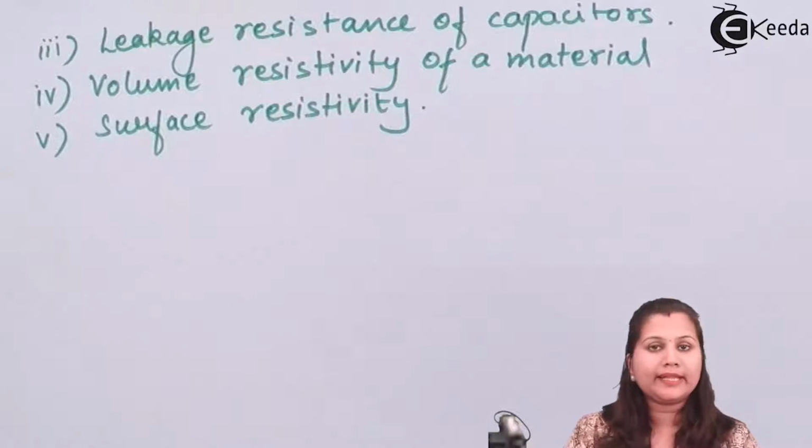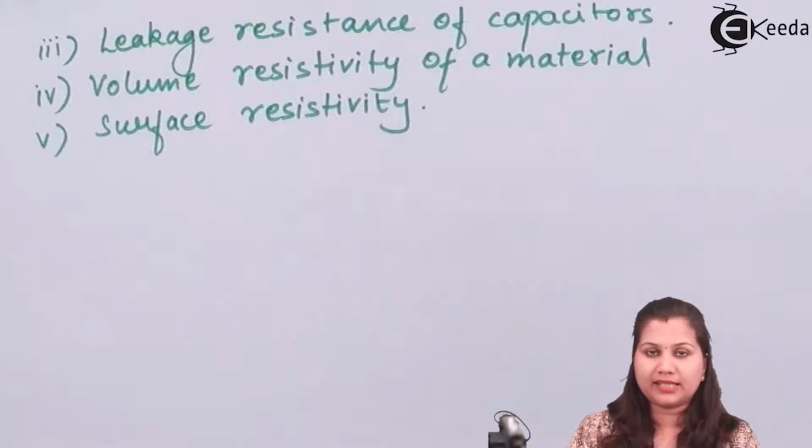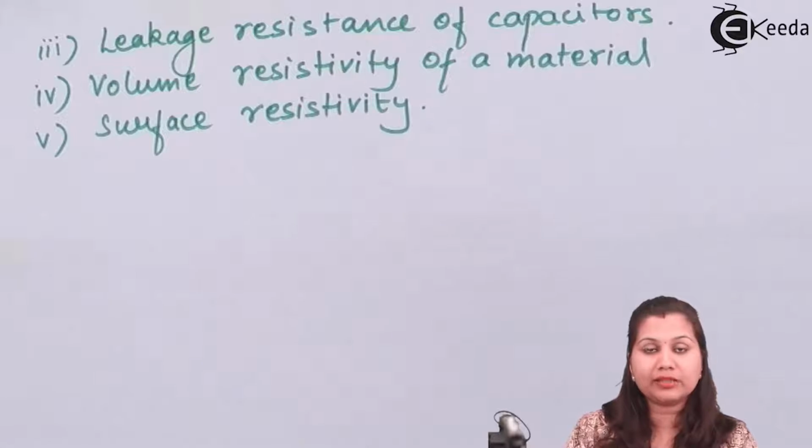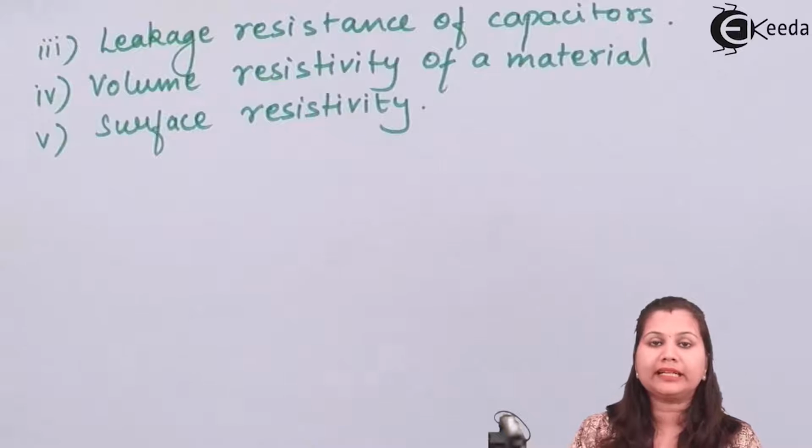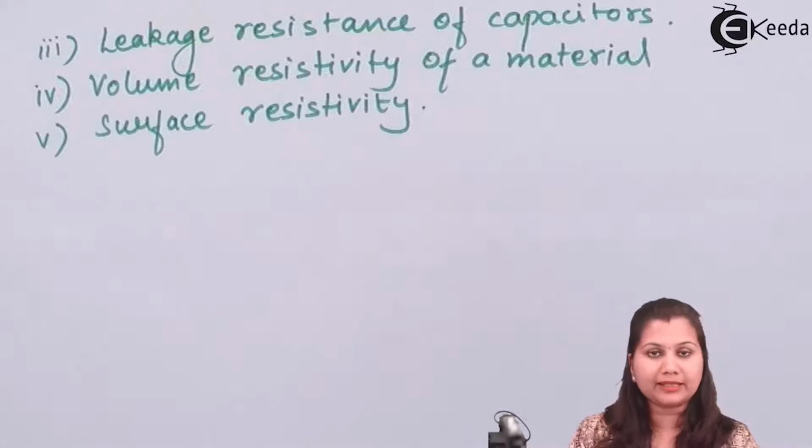So these are all the examples of the high resistances. First is the insulation resistance of machines and cables, then resistances of the high resistance circuit elements like in vacuum tubes, then leakage resistances of the capacitors, and volume resistivity and surface resistivity of a material.